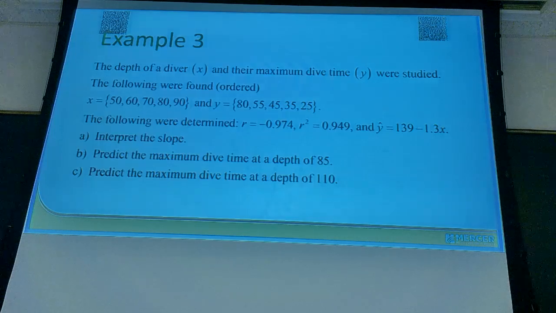This one would be extrapolation, right? So the result isn't meaningful. We really shouldn't predict it. I'm going to anyway, but I'm going to label it as extrapolation.